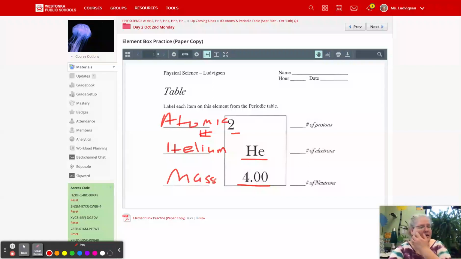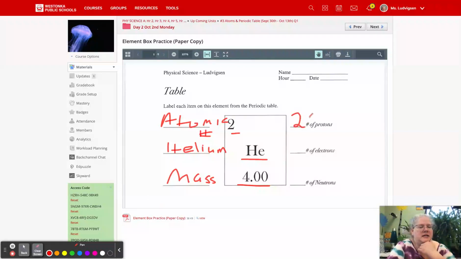Okay? Now, those things tell us a number of things. We talked about this in the video for our notes, and we talked about the fact that atomic number is the number of protons. So if my atomic number is 2, there are, in fact, 2 protons.